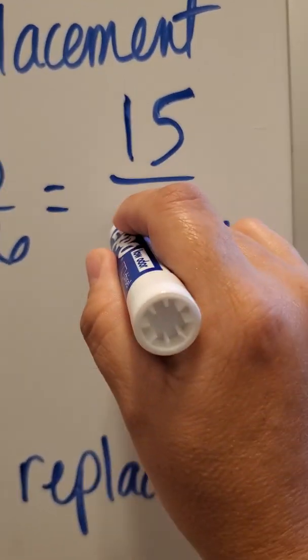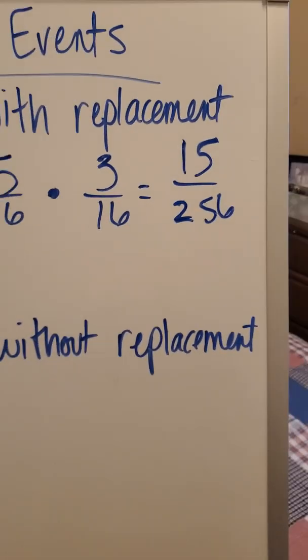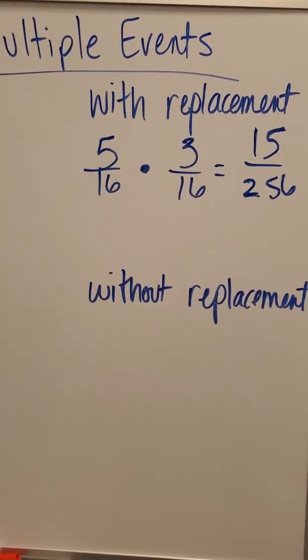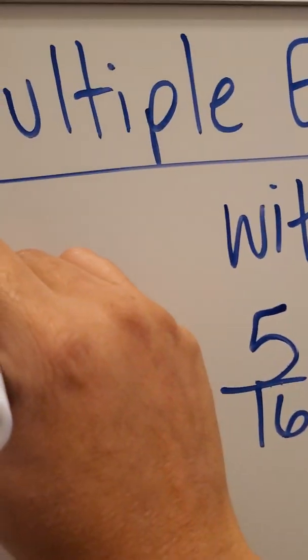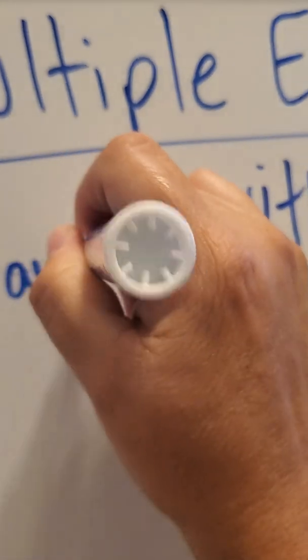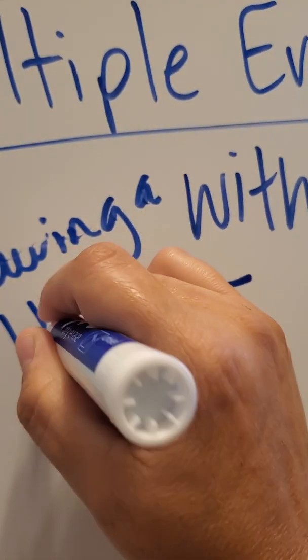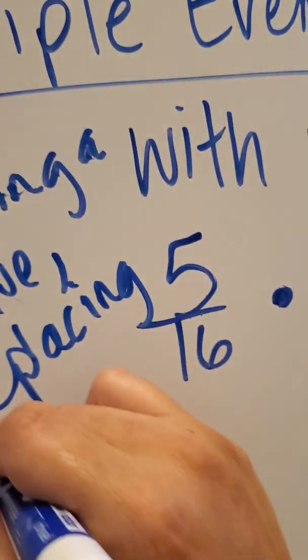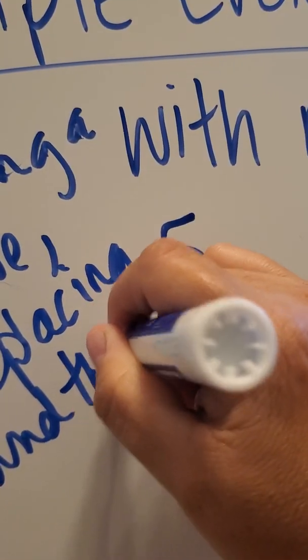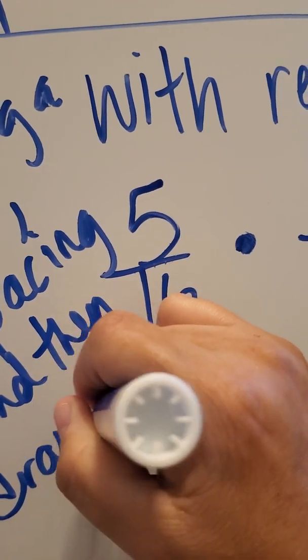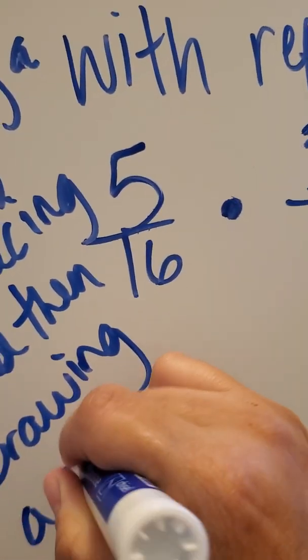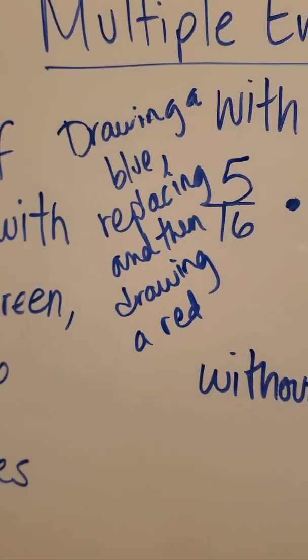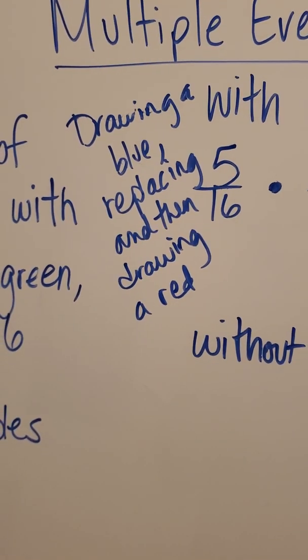I got quarantine brain. All right, so the probability of drawing a blue, replacing, and then drawing a red, okay? So drawing a blue, replacing it, and then drawing a red.